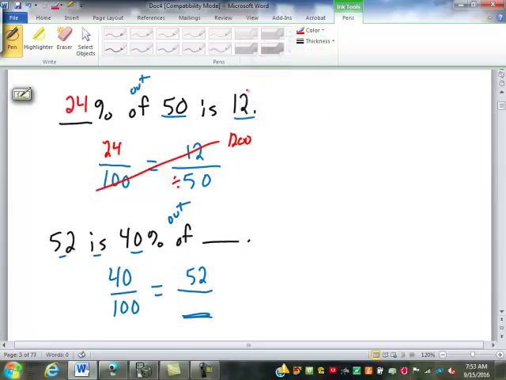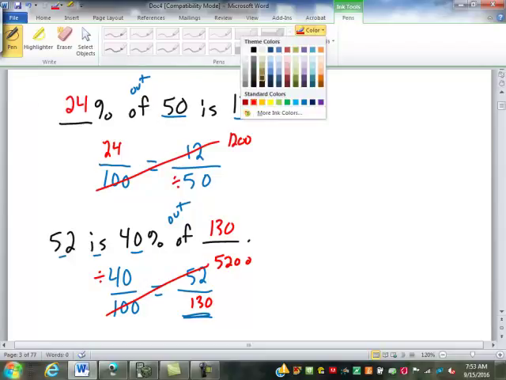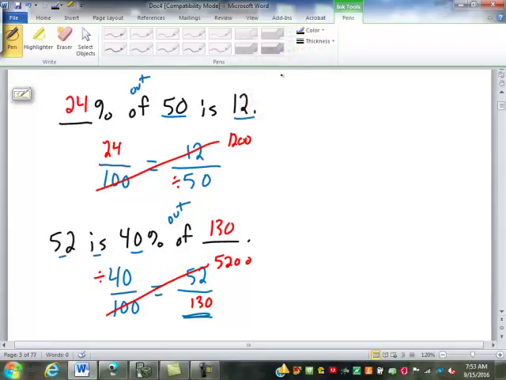Now again, it's set up a little different, but it is still cross multiply and divide. I have these two numbers that are on the same diagonal. 100 times 52 is 5,200. Now this is the one that's left alone, so I'm going to divide by that and get 130. So 52 is 40% of 130.